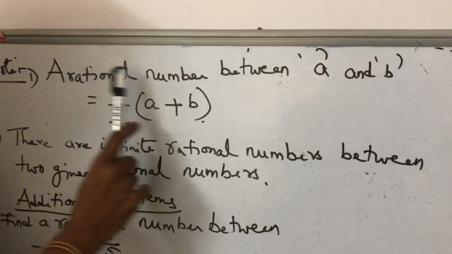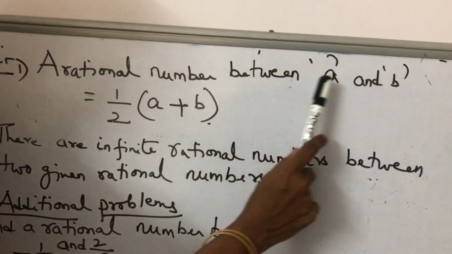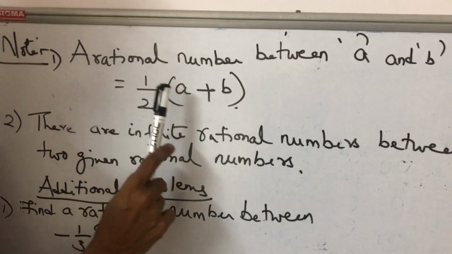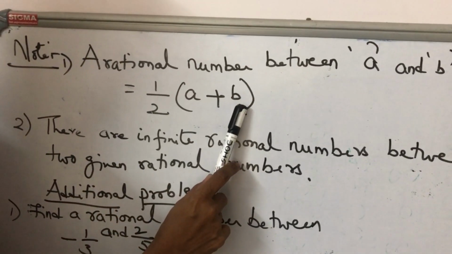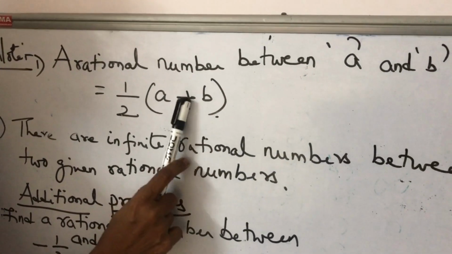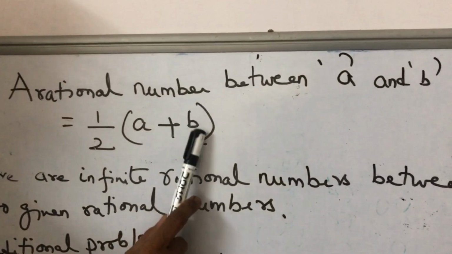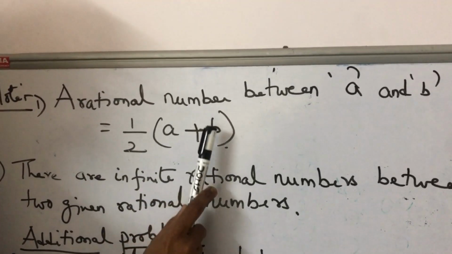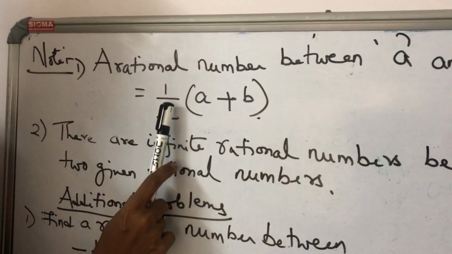If you want to insert one rational number between A and B, it is equal to half into A plus B. I think you have followed the meaning of A plus B. A plus B is nothing but the sum of two rational numbers.